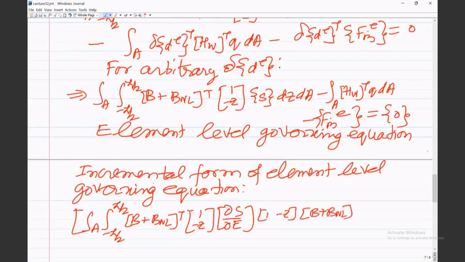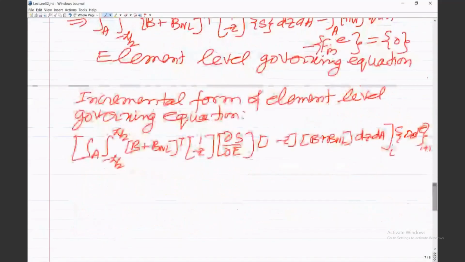We have already written this expression. Let me first put the integration and put the delta D outside. This is evaluated at the previous iteration, into delta DE evaluated for the current iteration, that is for i plus 1. So that's the first term.